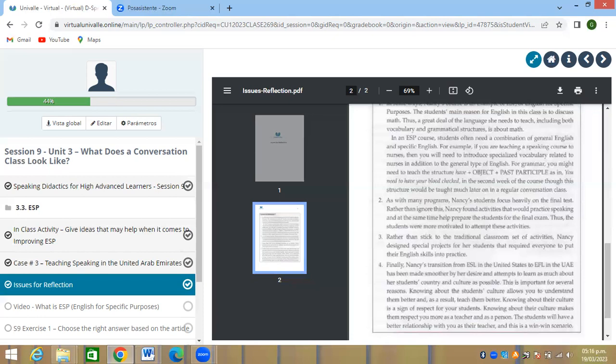Something important to create values there, right? You need to respect the student and the student needs to respect you. But how? You need to look for strategies for how to get students to respect you. The student will have a better relationship with you as their teacher, and this is a win-win scenario.